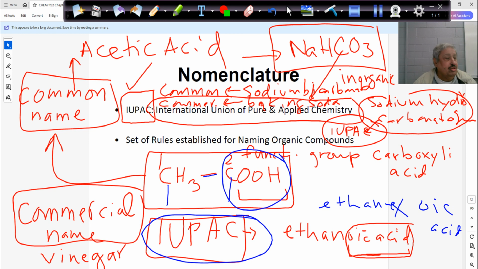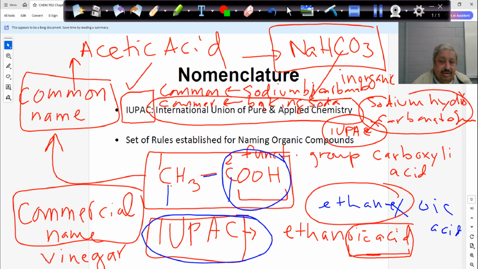Okay, guys. So now I'm back to you. What's your question? Do you want us to know all the names for the quiz or the exam, like the commercial name, common name? No. All the questions in the final exam and the quizzes will really depend on the IUPAC name. In the IUPAC name, you do have a system to follow. You see, this is 2 carbons, from ethane.